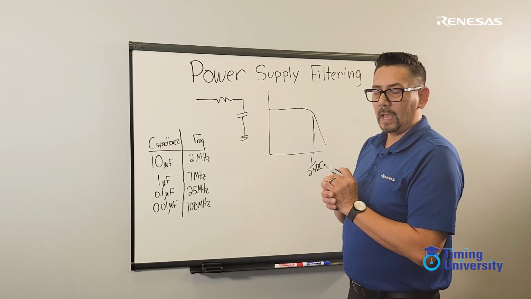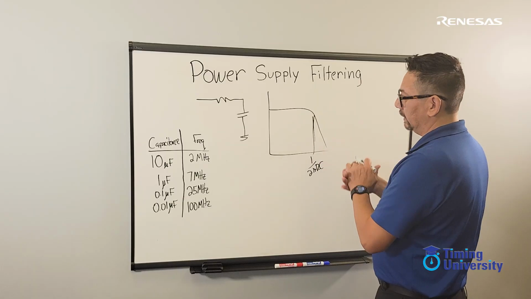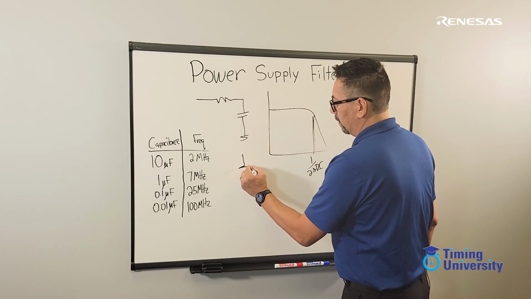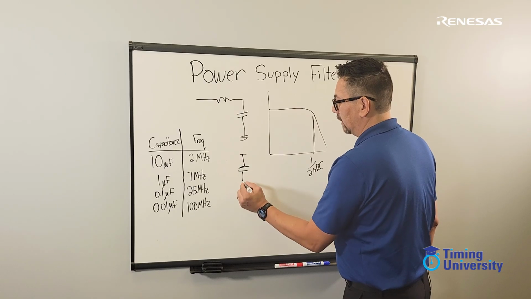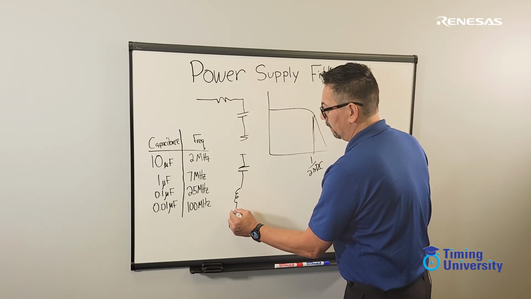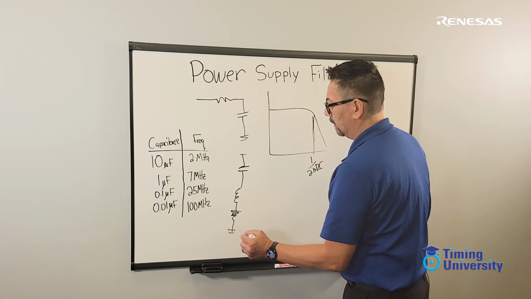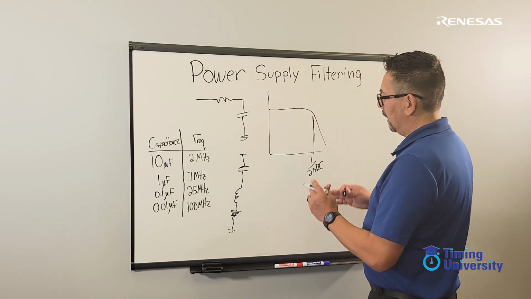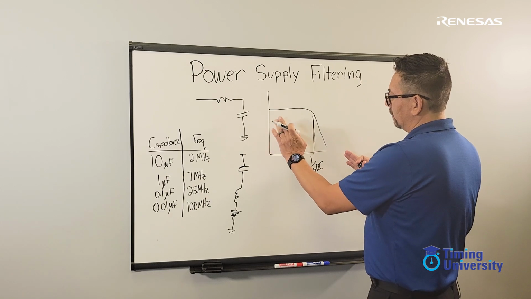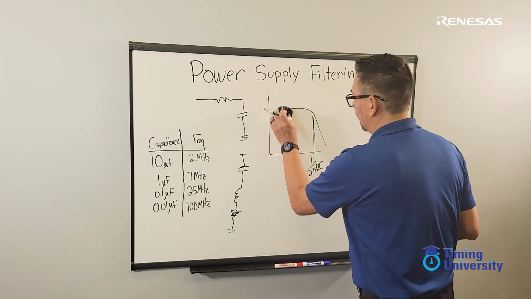However, at higher frequencies, things change because a capacitor, when it's constructed, of course, has its capacitance. It also has some inductance and some resistance. So at low frequency, the capacitor impedance is dominant.